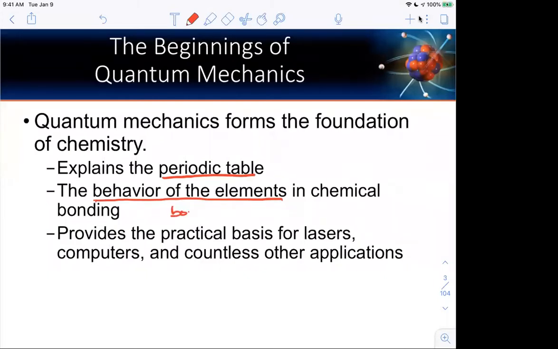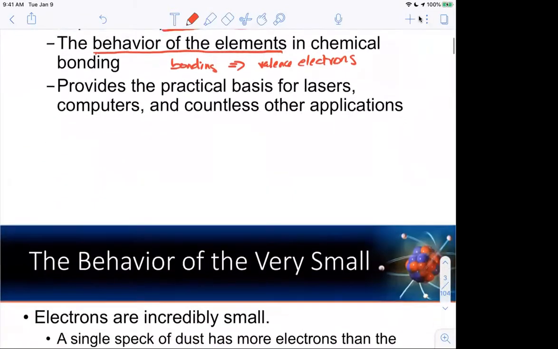Remember, bonding is due to valence electrons, which are outer shell electrons. Those electrons in those atoms are going to be the ones that are engaging and interacting and forming bonds. Quantum also provides a practical basis for lasers, computers, and countless other applications.